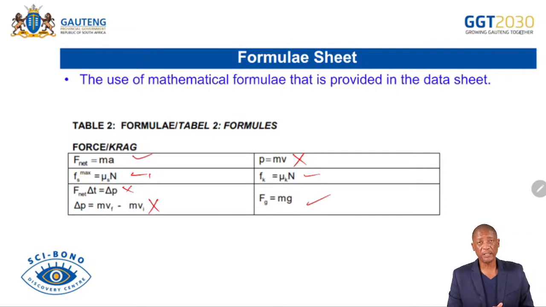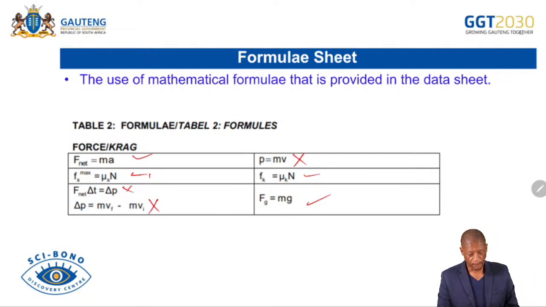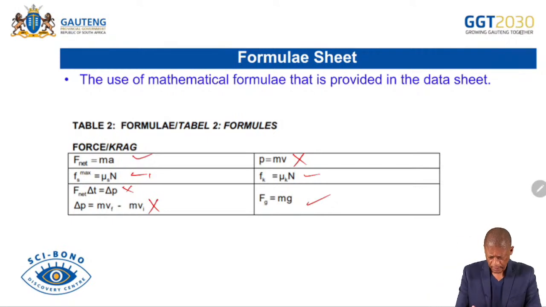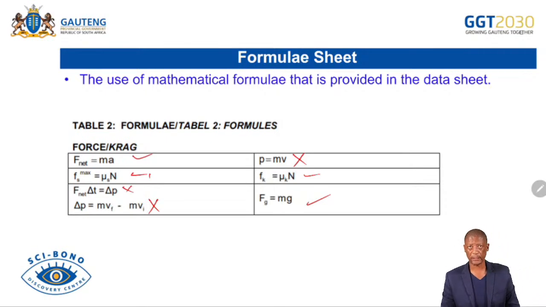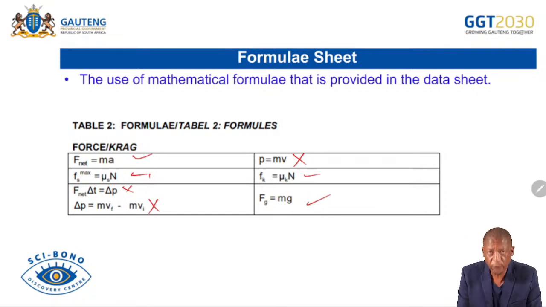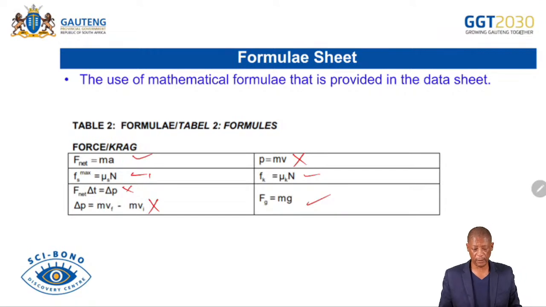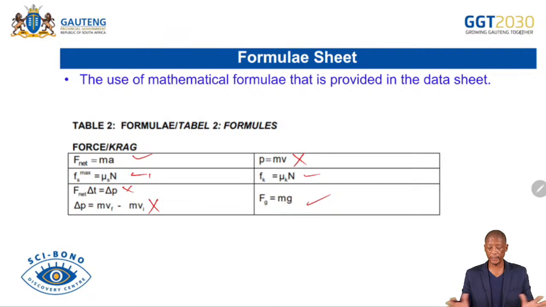This one is a change in momentum as well. But they never say anything about change in momentum, right? Gravitational force. No, I don't remember that they are talking about gravitational force. All right? It falls off. Then this one is for a force, the kinetic friction. Did they say anything about kinetic friction? So we are left with only one.